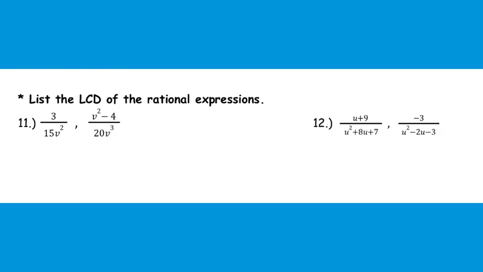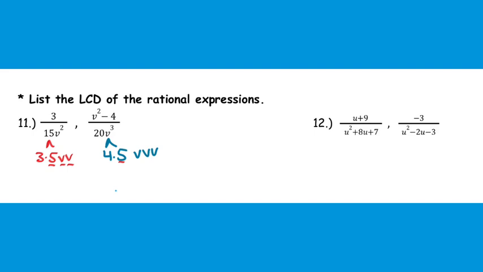Number 11 and 12 just asks for the lowest common denominator. And I know the word lowest feels like it's smaller, but the only way to get a common denominator is to make sure that they have the same multiples. So I go ahead and factor out that first value, getting 3 times 5 and v squared. The other value is 4 times 5 and v to the 3rd power.